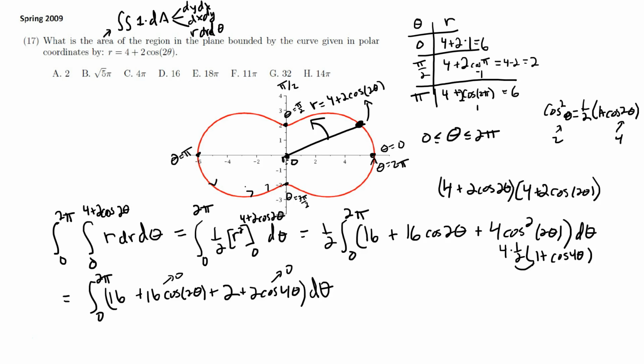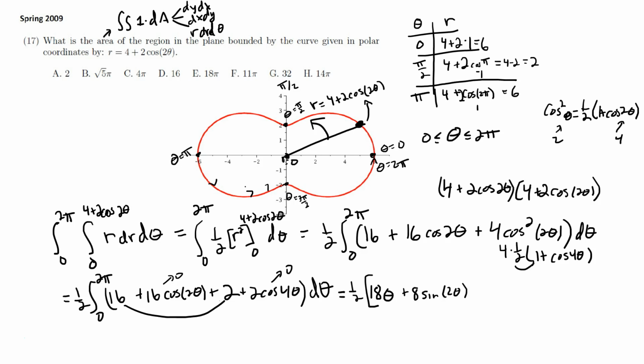So let's just go ahead and perform the antiderivative. The 16 and the 2, it's okay if we put that together and call that 18 theta. There still is the half outside. And then integrating cosine of twice theta, you get half the sine of twice theta. So we're going to get an 8 sine 2 theta.